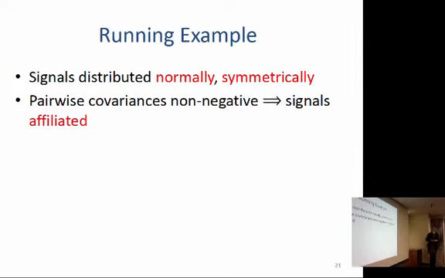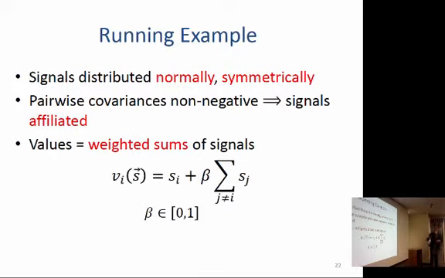Okay, and now I want to finish this model part by showing you an example. Let's say the signals are just distributed according to a symmetric normal distribution, where the marginals are all the same. Let's say that the pairwise covariances of the signals are non-negative, which is enough in this environment to guarantee affiliation.